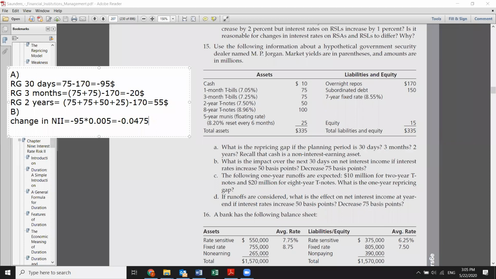You took 50 basis points as 0.005? Yes, 50 basis points shown in terms of percentages is 0.005. That was the increase. Now there will be a decrease in interest rate by 75 basis points, 0.0075.